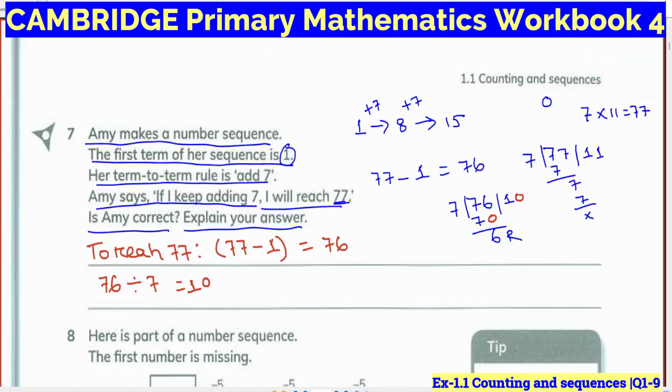So 10 and remainder 6. It's not a whole number.